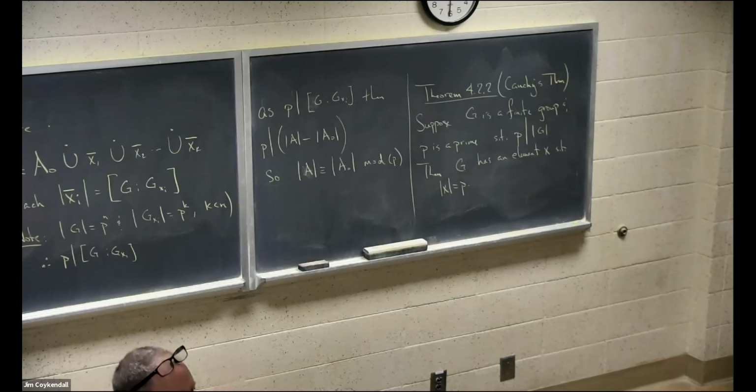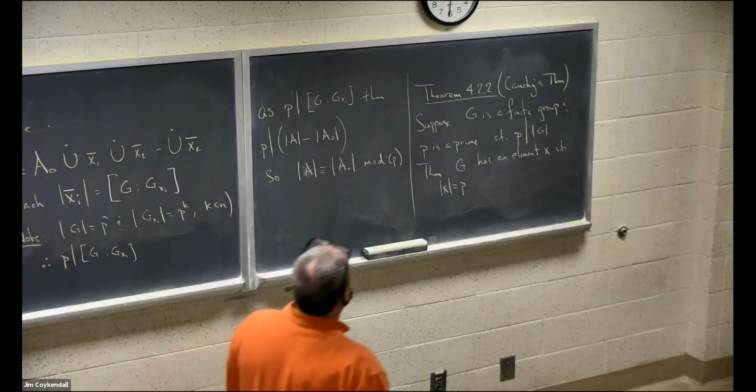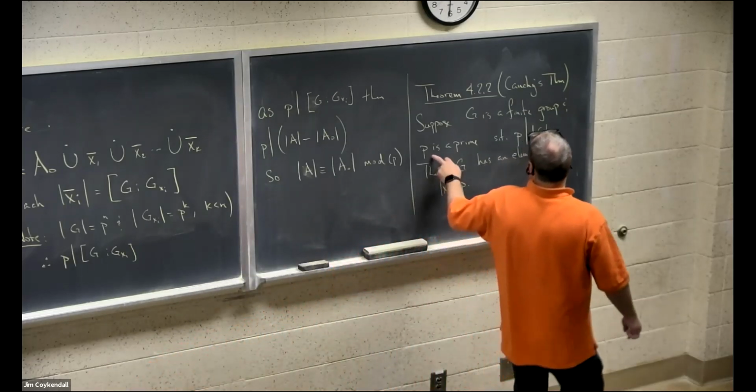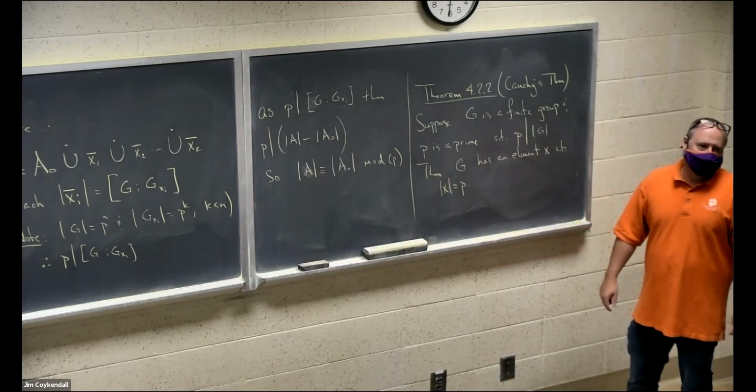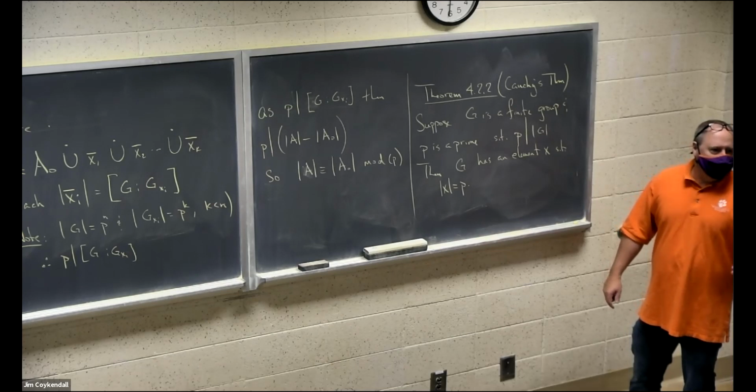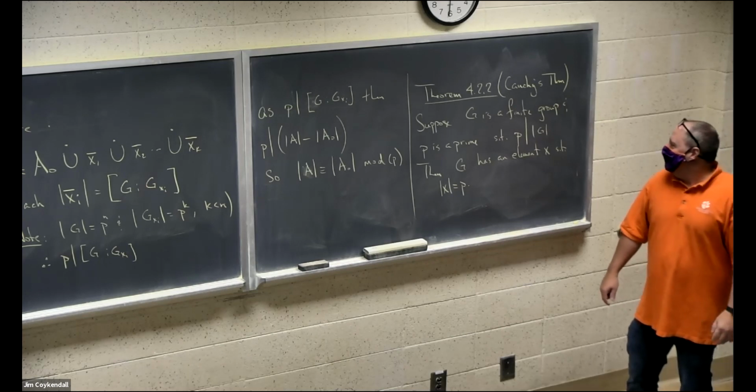This is untrue if I change almost anything, right? If I remove prime, not true. For example, Z2 cross Z2 has 4 elements, right? There's no element of order 4. Can't do it.